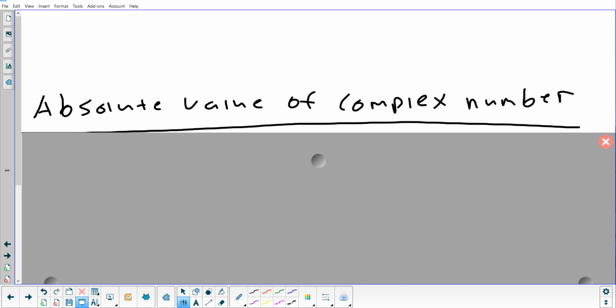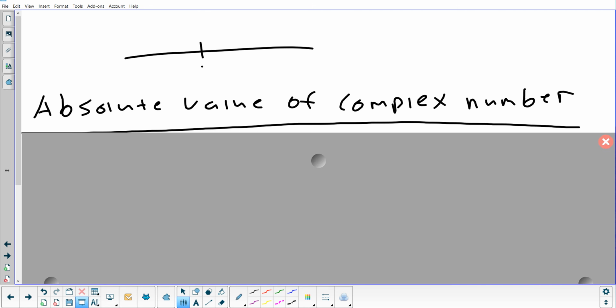It's almost like a distance kind of way. Yeah? It's like the number, but positive no matter what. Okay, what does that mean? If it's the number and it's always positive, it's almost like the absolute value measures something. Yep. The distance from 0.